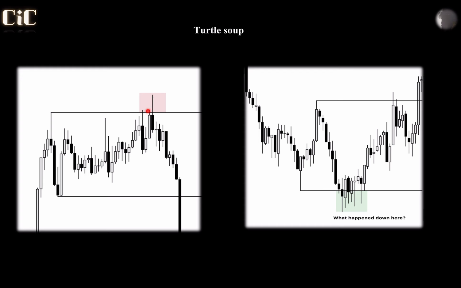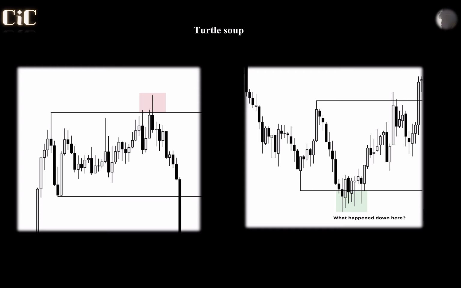And once they have this move done, then they're going to offload the positions they gathered up here and dump them and distribute them to this old low, right? So market makers, they need old highs and lows. This is the advantage we have over them, is we'll know that they will always need our highs and lows in order to accumulate, manipulate, and distribute.